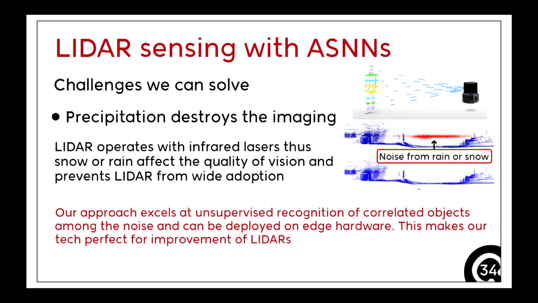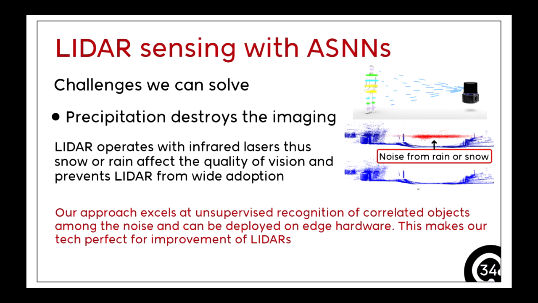The main problem for the application of lidars is precipitation, so for example, snow destroys the image. And current algorithms of noise reduction are not very adaptive. They actually need some fitting parameters that we fit basically by experiment.